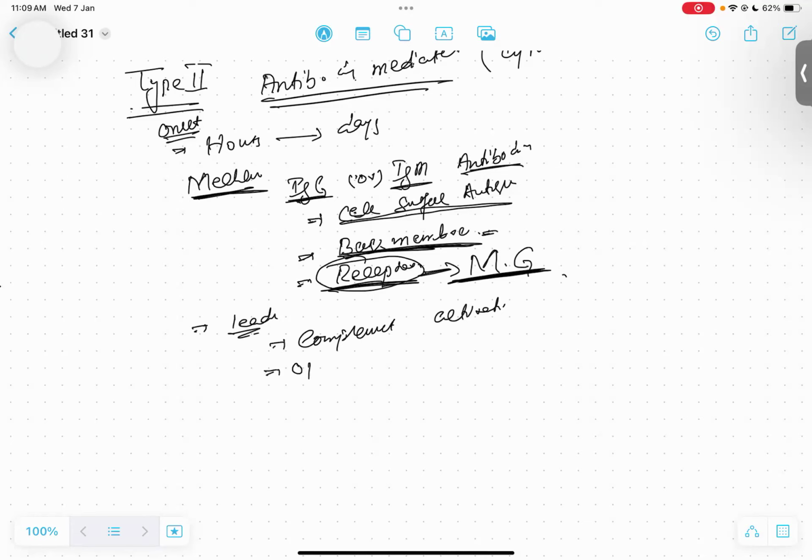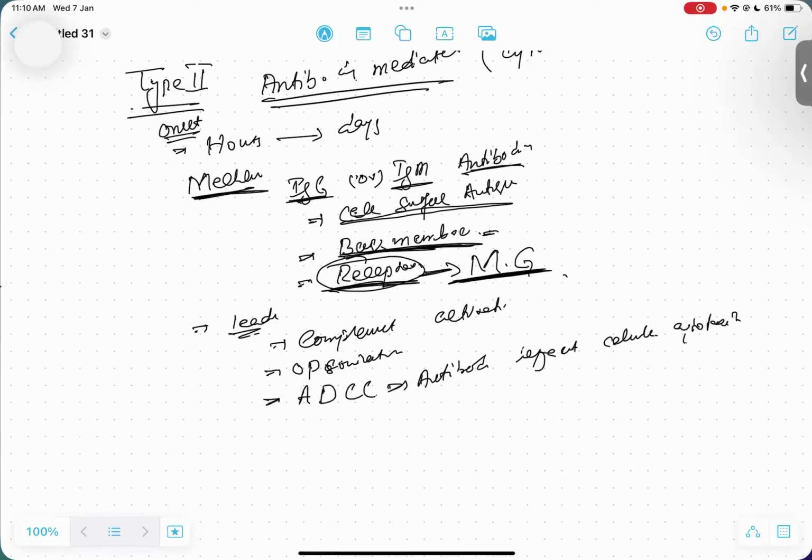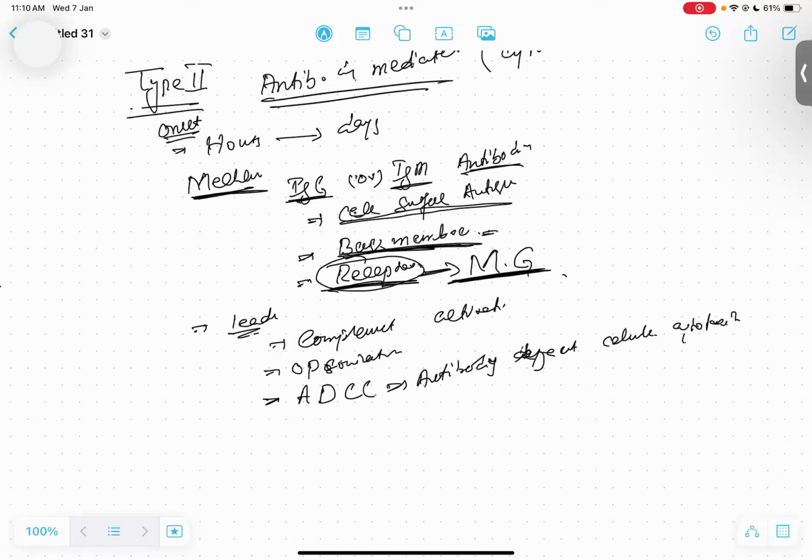And opsonization, and it will also lead to cellular cytotoxicity.